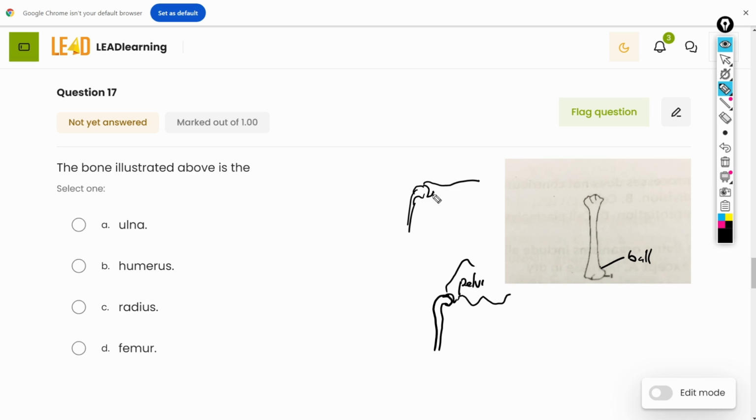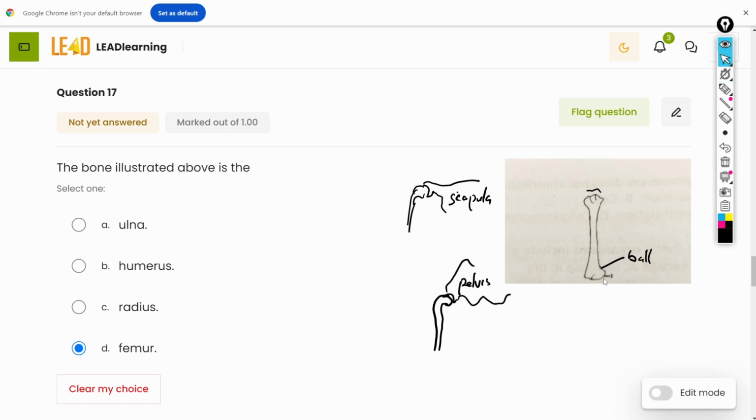So this is the pelvis. Here, this is the shoulder blade or the scapula. So the fact that it has a ball head, and then with this ridged surface here, this is clearly a femur, which is the longest bone in the body. So our correct answer is option D, femur.